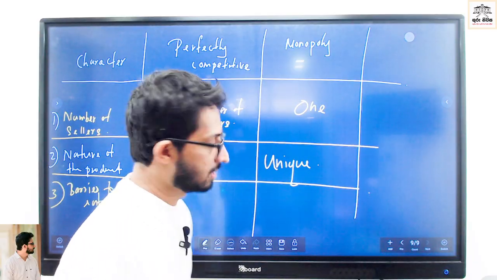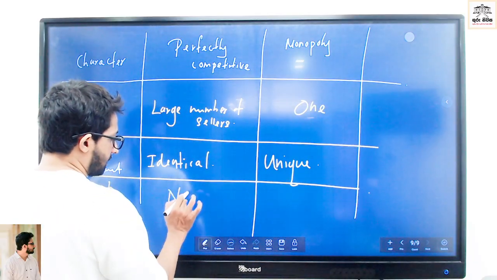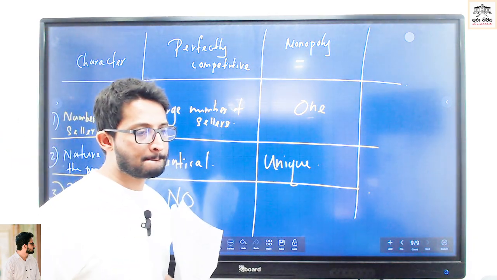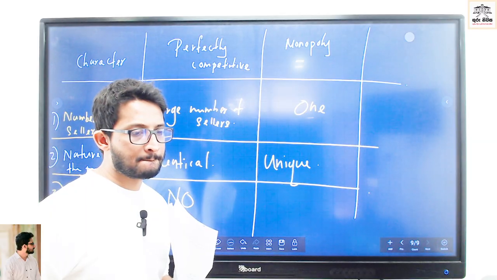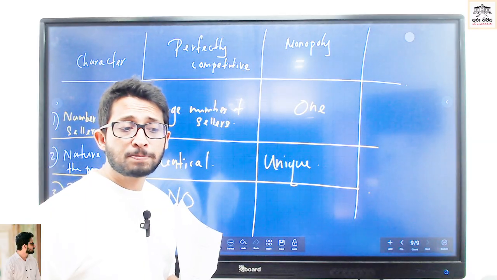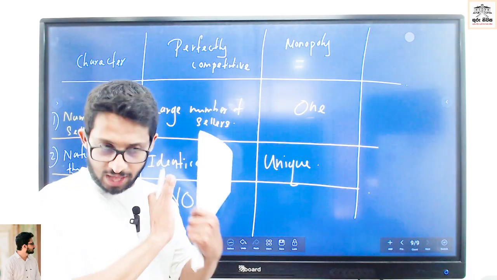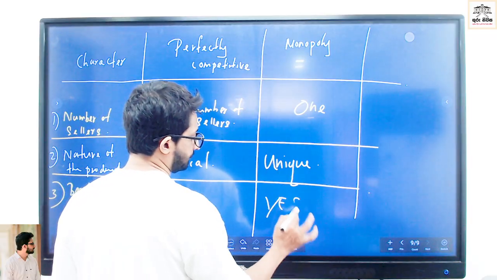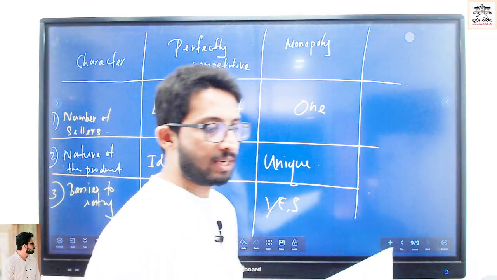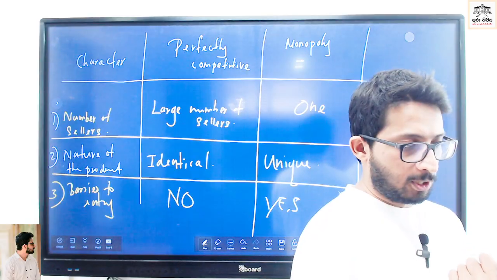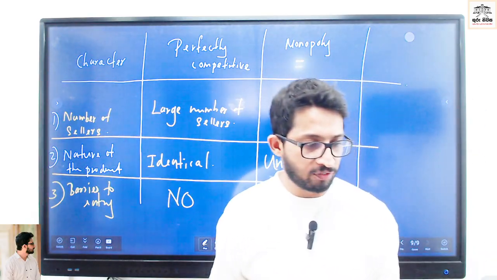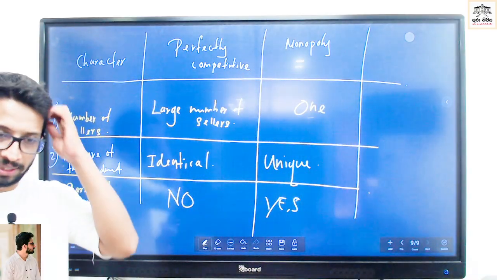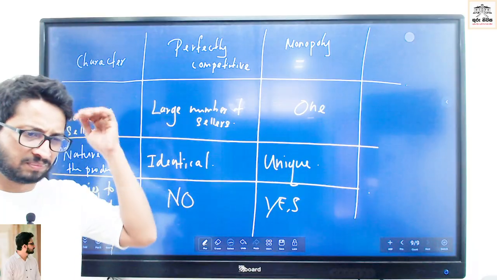Monopoly: there are barriers, many strong and effective barriers. In a perfectly competitive market, no barriers, no legal barriers, nothing.